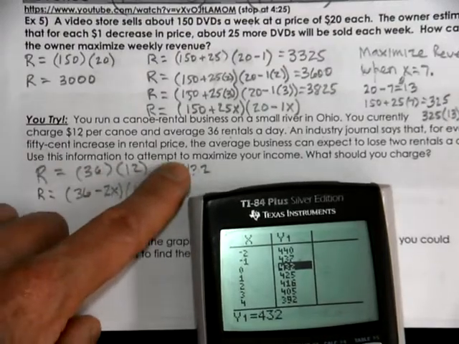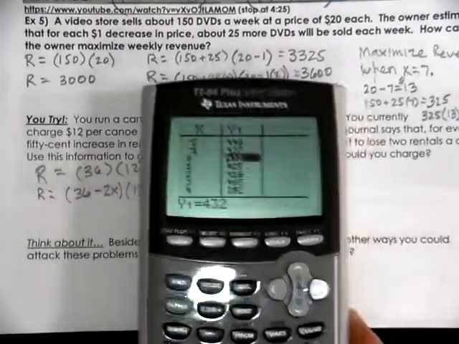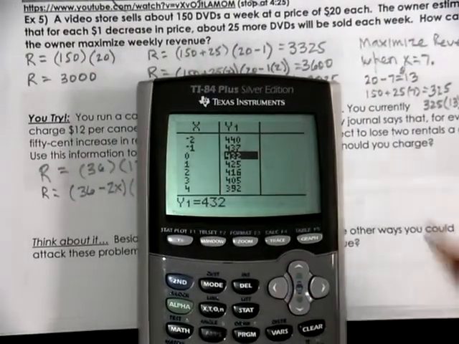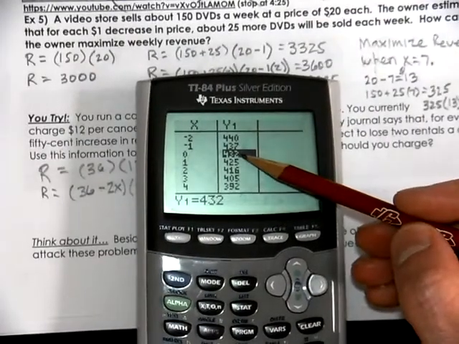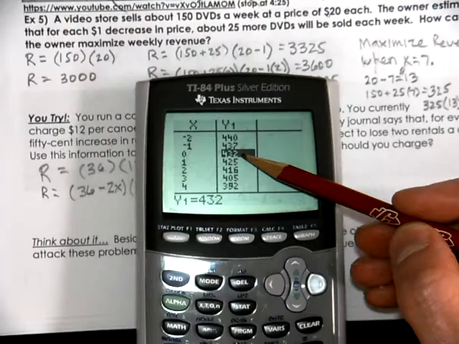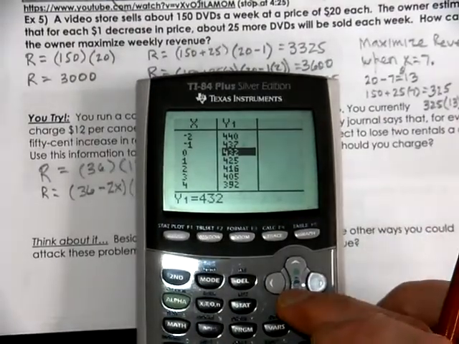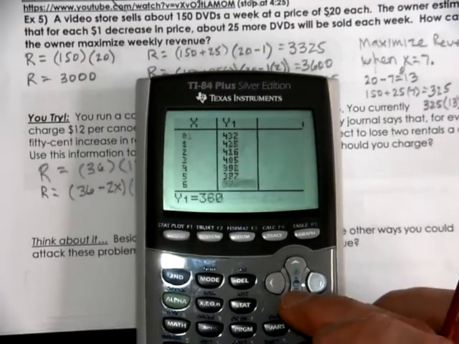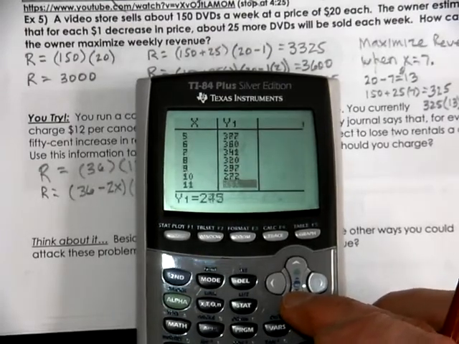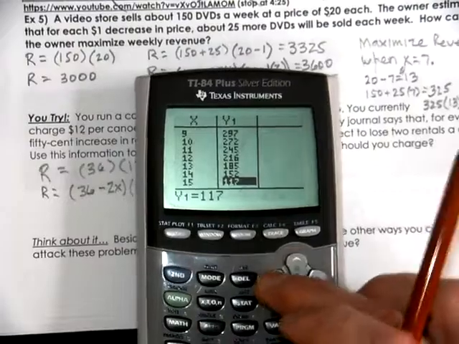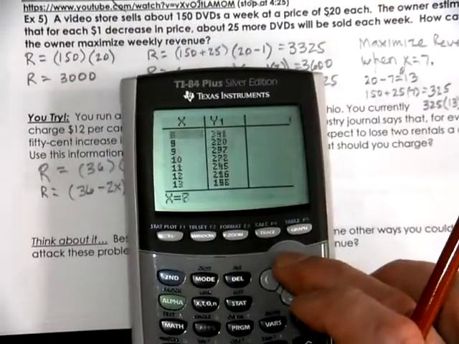Use this information to attempt to maximize your profit. This is interesting. At $432, if I make any adjustment, I start to go down, and it goes down forever. I don't see it climbing at all.